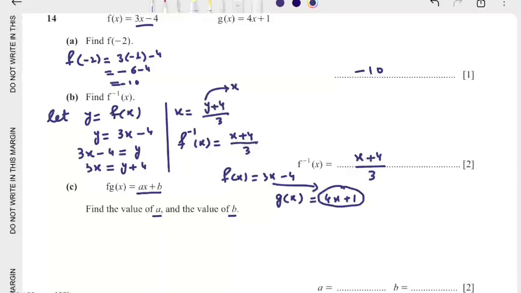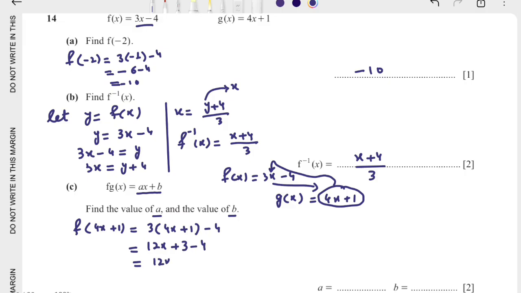So it will be f of 4x plus 1 is equal to 3 times (4x plus 1) minus 4. So this value has to be replaced by x. Now it will be 3 times 4, 12x, plus 3 times 1, 3, minus 4.